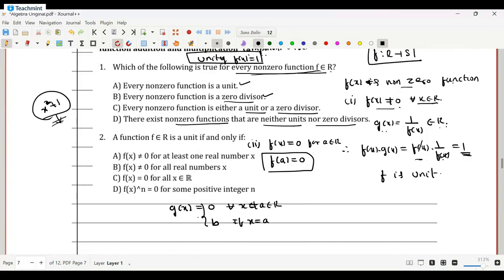So in this case, what does f of x into g of x become, sir? It becomes 0, for all x belongs to R. Therefore f is non-zero and f of x into g of x equals 0, so f of x is a zero divisor.